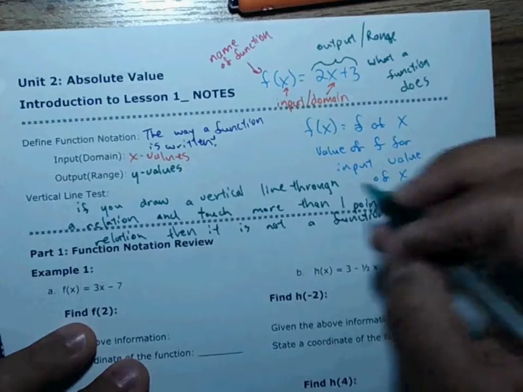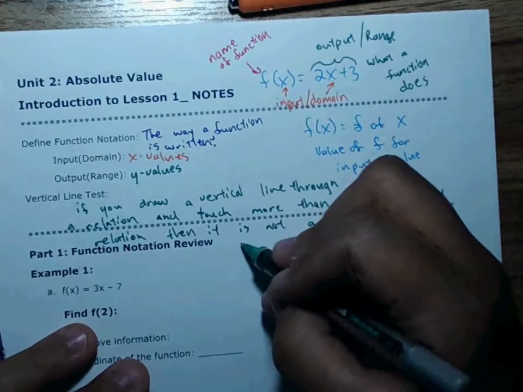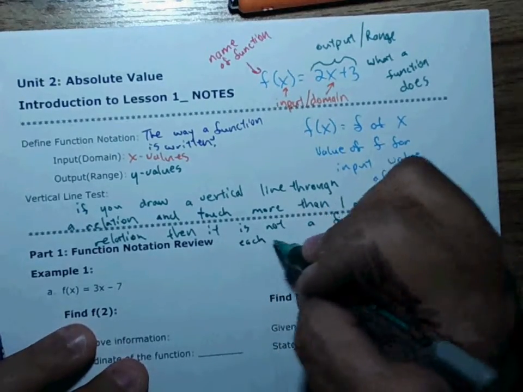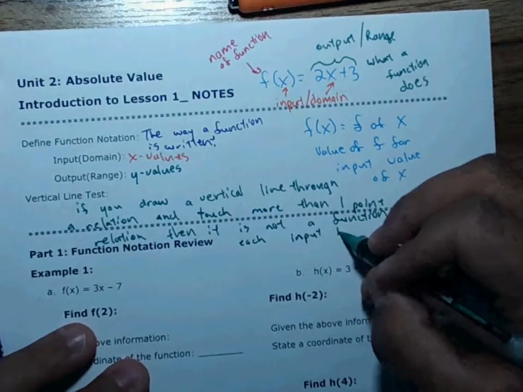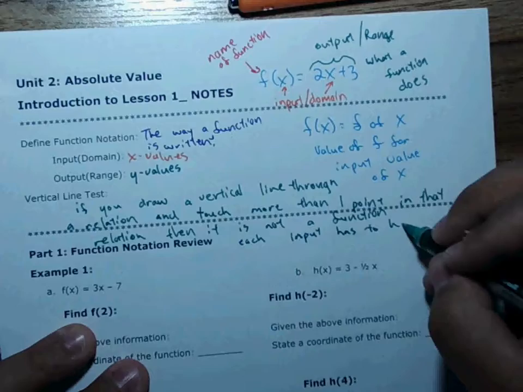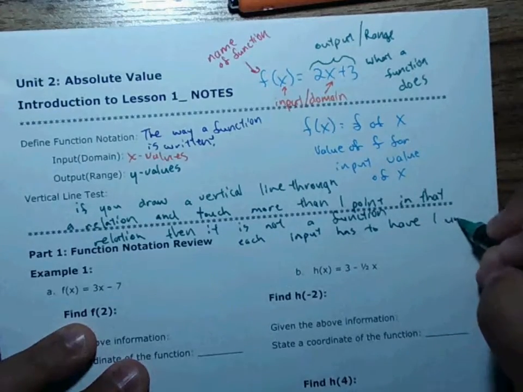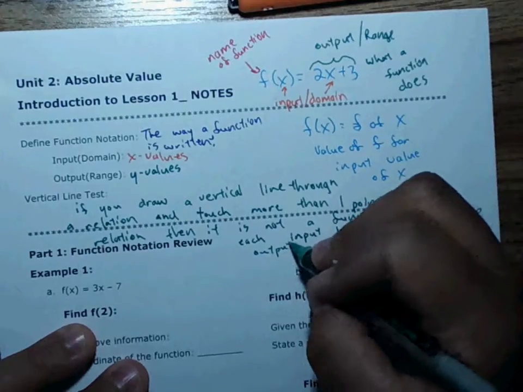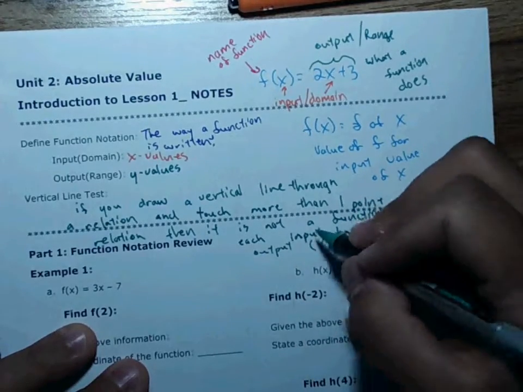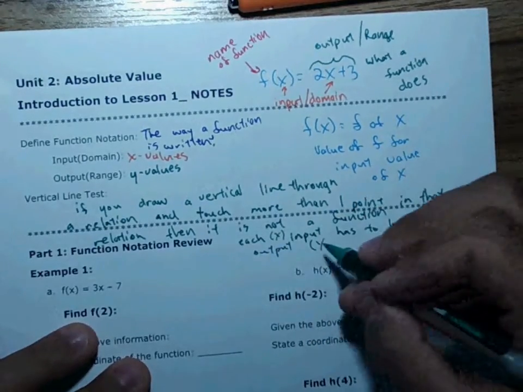Each input has to have one unique output, which is your y.